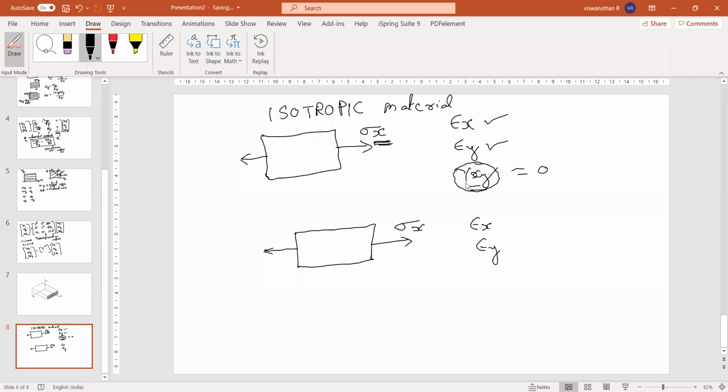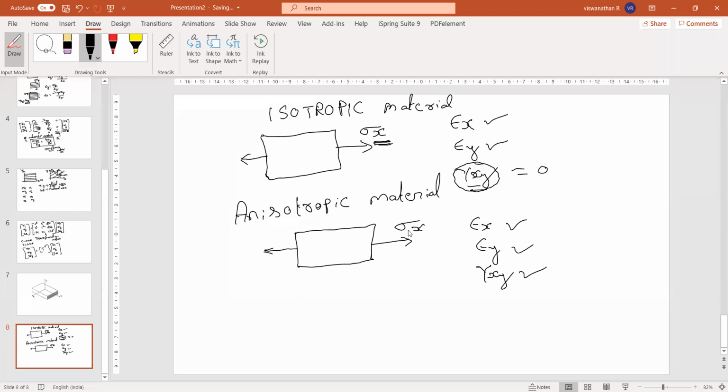Then what about gamma xy, the shear strain? Can you get a shear strain for the extensional stress? What kind of material am I talking about? Anisotropic material. So here all things are possible.